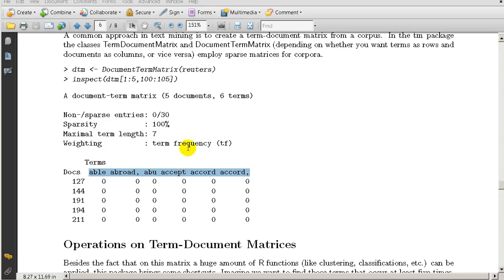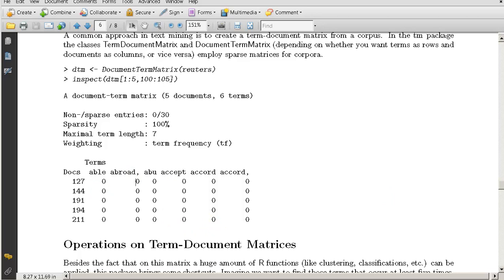That was in the example that we did several videos ago. Each column was a word, and so we said, like, in document 127, able did not occur, abroad did not occur, and Abu did not occur. Actually, none of these words occurred in any of these documents. But that's what we had.